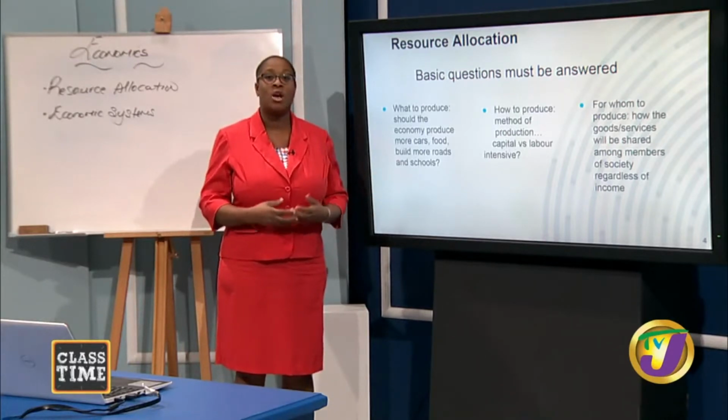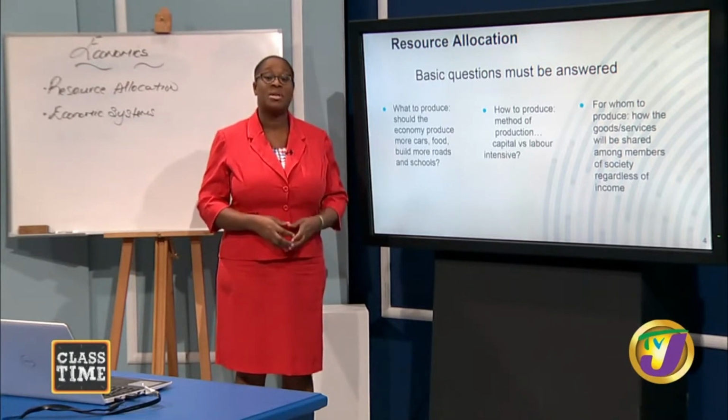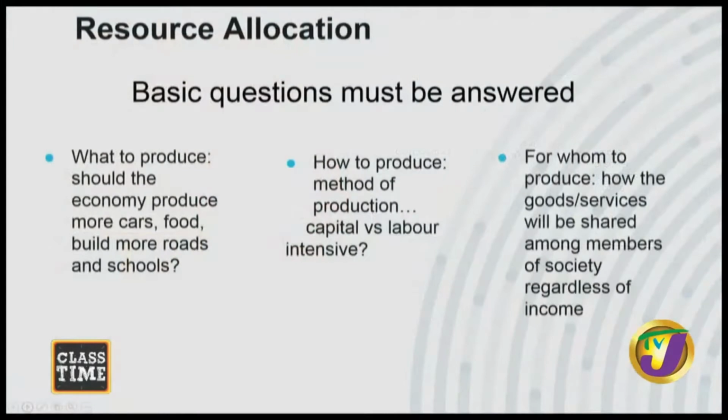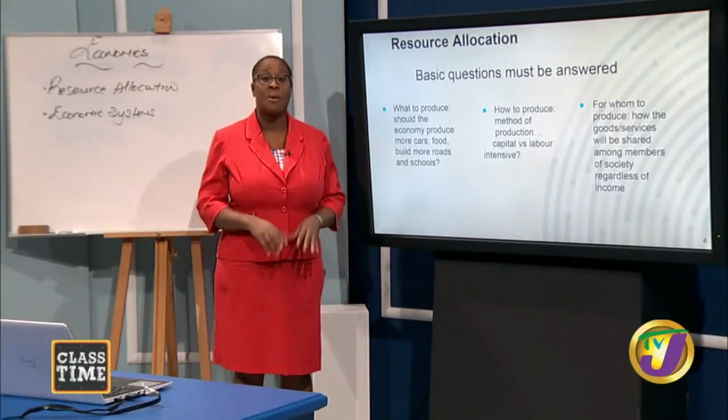Who will get these goods and services? And it's regardless of their income, because some goods and services may be produced, when we look at the economic systems later on, that some goods are luxury goods, and therefore only persons with a certain amount of income will be able to afford them, while there are some goods and services that are produced to meet the basic needs of the society, and so everyone must be able to afford them.